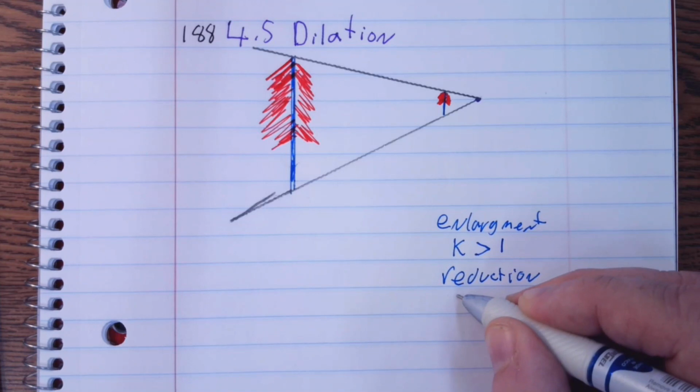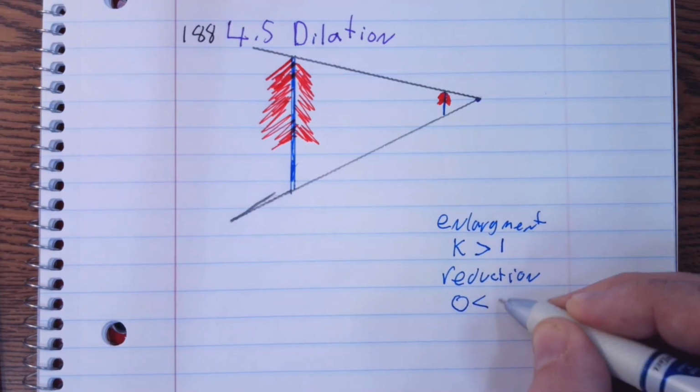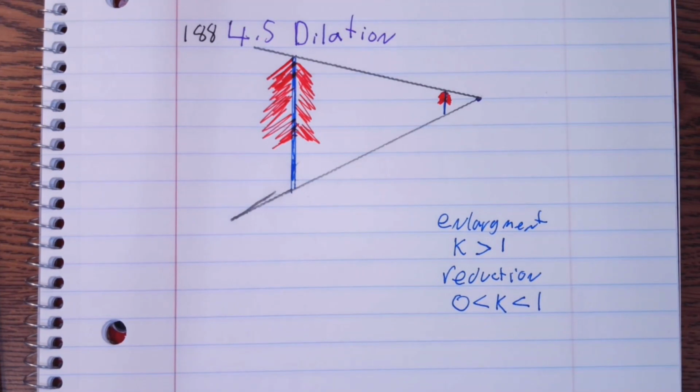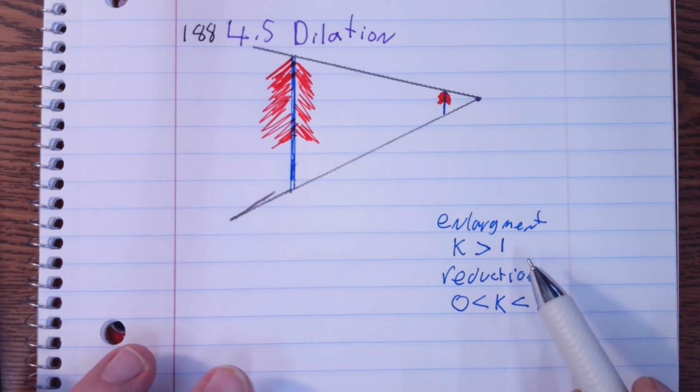So K is going to be in between 0 and 1. Okay, that makes sense. If you're getting smaller, it's going to be a decimal or fraction. If you're getting bigger, it's going to be a whole number or mixed number.